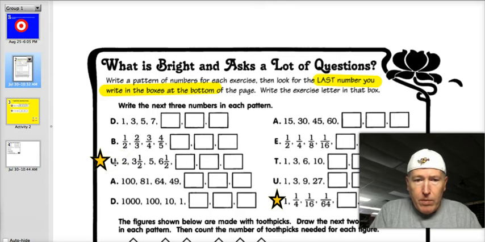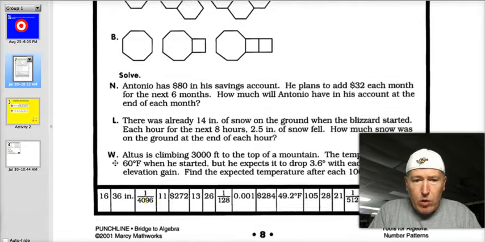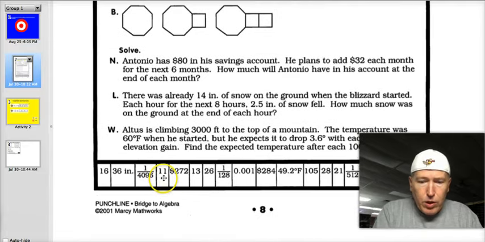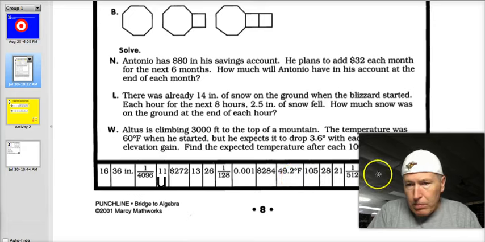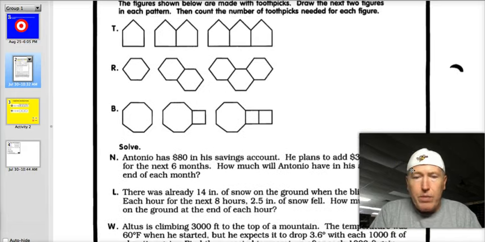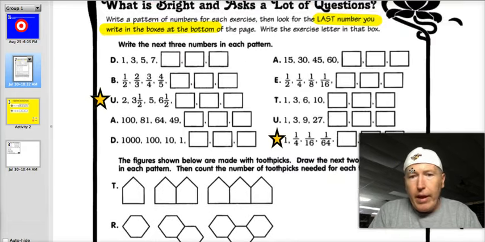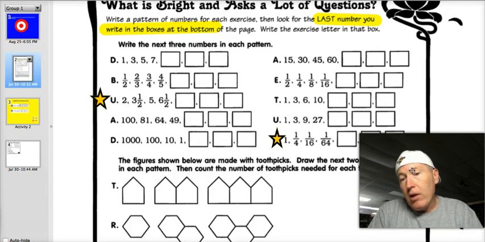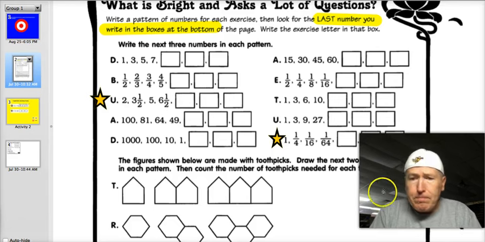We have the answer 11, and we're going to go down here and find number 11, and we're going to put a U in right there for number 11, and when we're done, our pattern will spell out the answer to this trivia question. Again, most of the time the answers to the little questions are so bad they don't even make sense, but it kind of makes it fun, and also tells you if you're getting the answers correct.